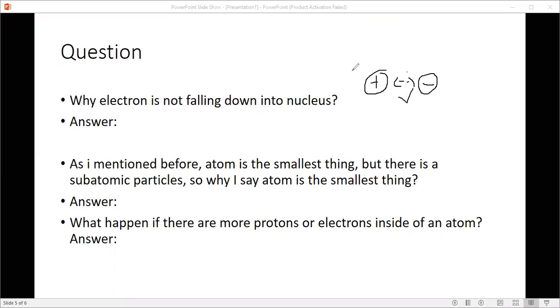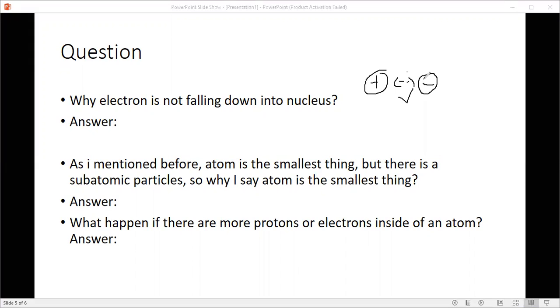But if they are joined together, why is the electron orbiting the atom? Why is the electron not formed with a proton to form a nucleus? Because they bond each other, right?